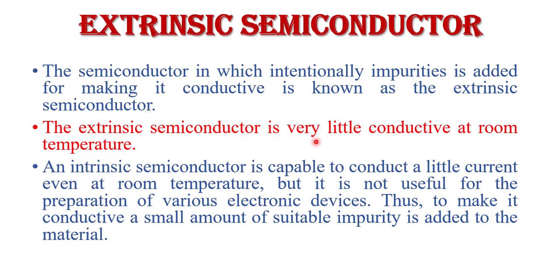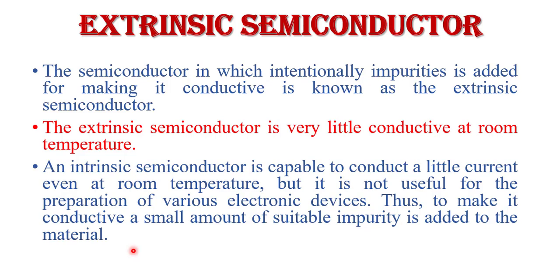Intrinsic semiconductor is very little conductive at room temperature. An intrinsic semiconductor is capable of conducting a little current even at room temperature, but it is not useful for the preparation of various electronic devices. So, to make it conductive or to increase the conductivity of the pure intrinsic semiconductor material, a small amount of suitable impurity is added into the pure semiconductor.